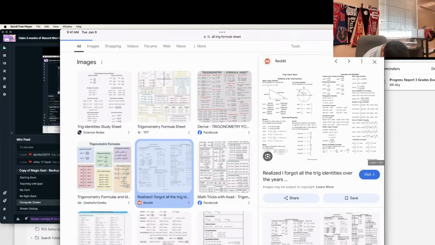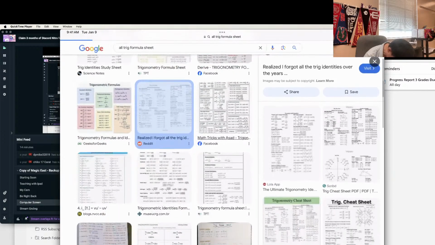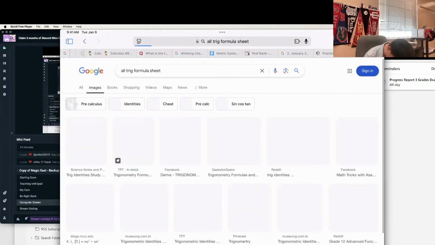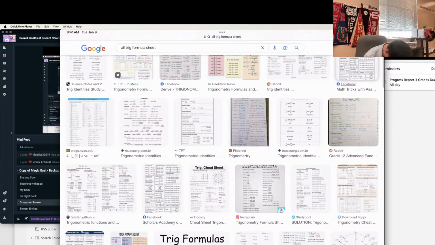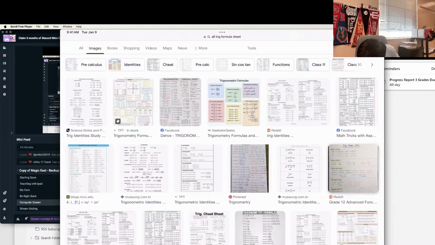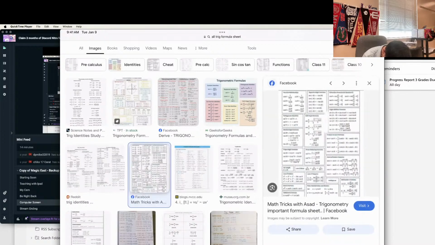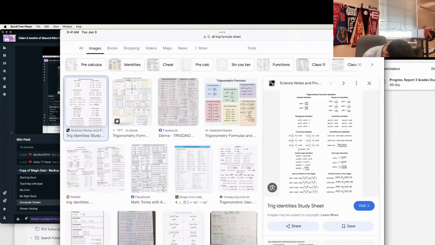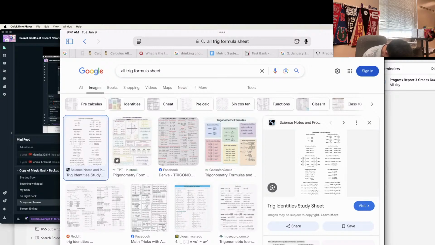Oh no, this is a... Yeah, this is from Reddit. Huh? Don't trust Reddit? Yeah, what? Let's look for PDF.